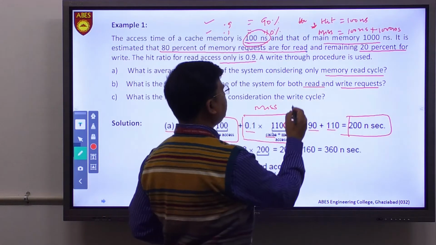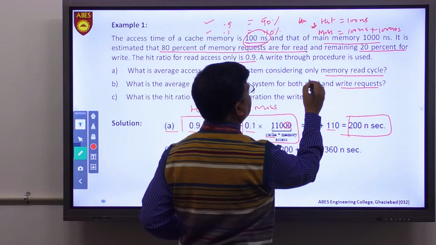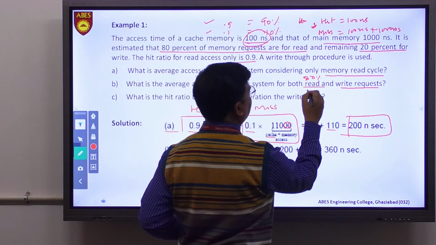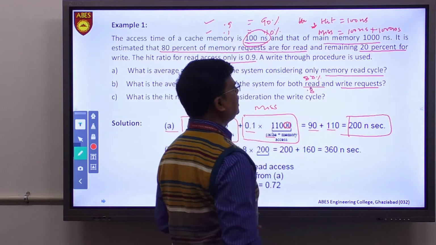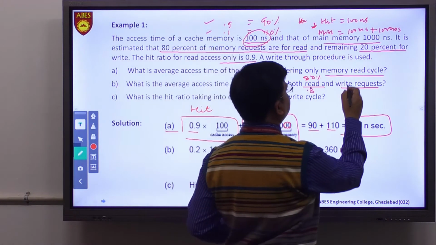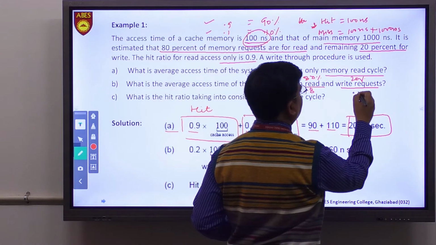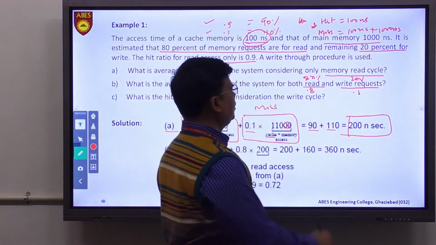So 80% means either you say 80% are for read, or we can simply write 0.8 out of 1. Similarly, write requests are 20%, or simply we can write 0.2 out of 1.